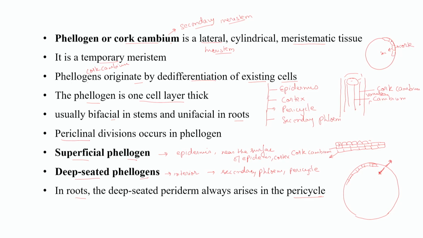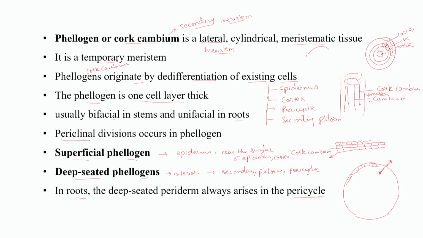So, you can see here that on the inner side we will have cortex, then secondary phloem, because pericycle and endodermis mostly will be crushed. They are just single layers or some patches of pericycle you can find, and then you have xylem. So many of the tissues will be found on the lower layers of this cork cambium.